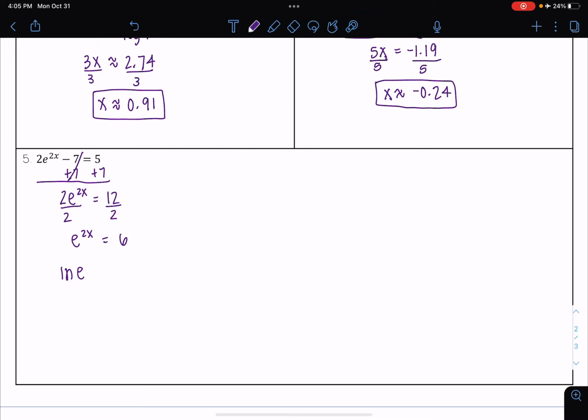So natural log of e to the 2x is equal to the natural log of 6. And when I take the natural log and e, they cancel out. And so I'm left with 2x is equal to the natural log of 6. And then dividing both sides by 2, when you put into Desmos natural log of 6 divided by 2, you should get approximately 0.90.